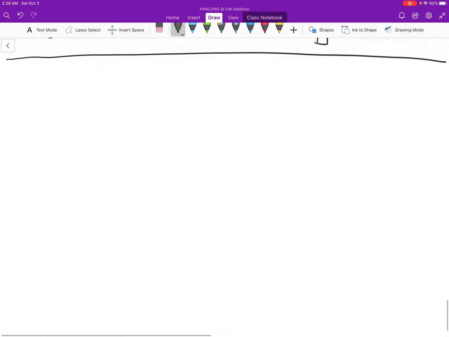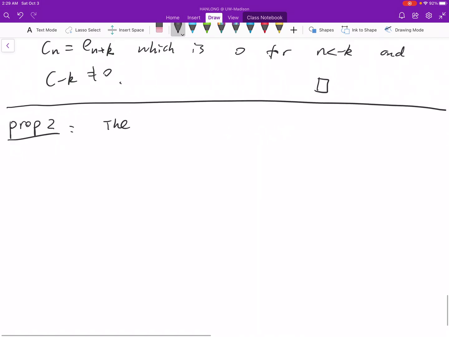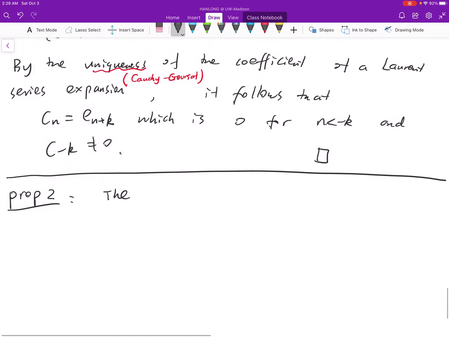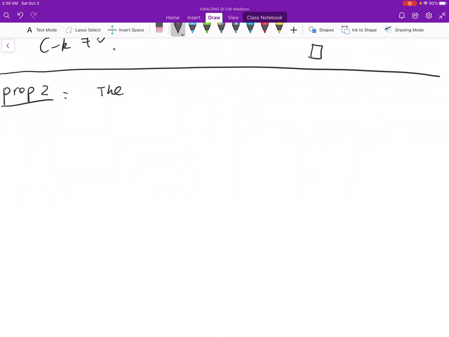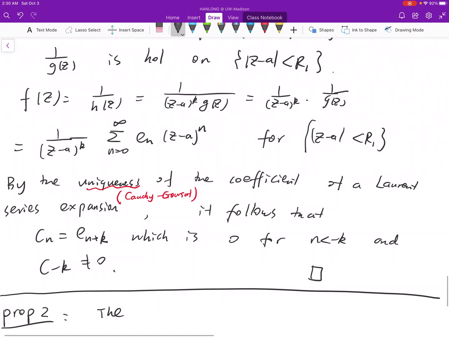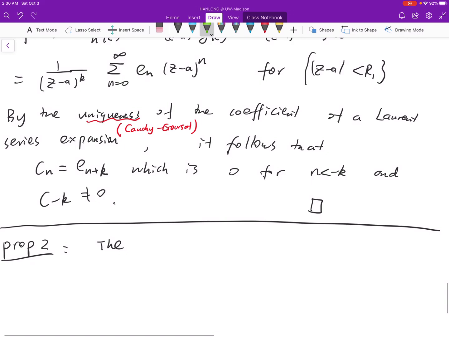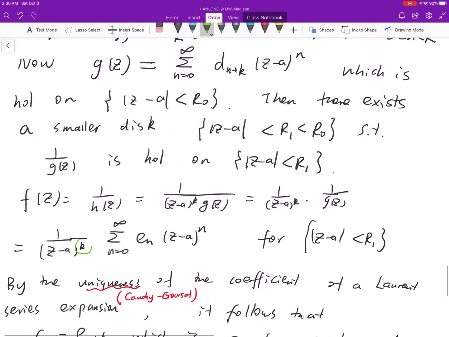Okay, and then we have proposition 2. So actually it's clear from the proof that this k kind of characterizes the blow-up order.